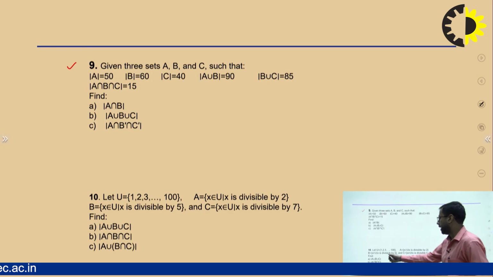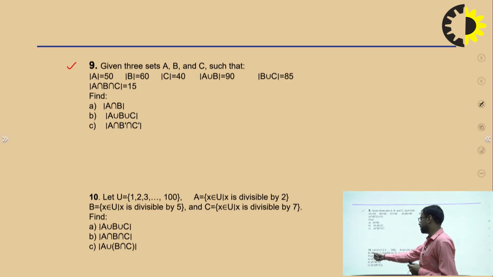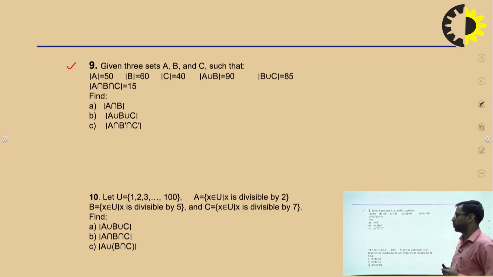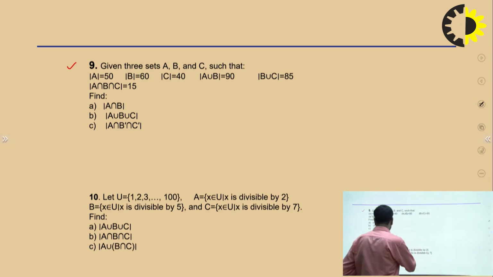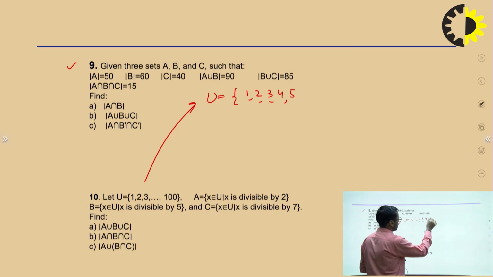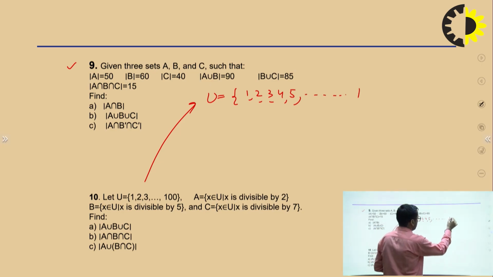The set B contains the elements divisible by 5, and C contains the elements divisible by 7. So you have to find the results of the operations mentioned here. Firstly, in this particular question, we will write down the set elements: 1, 2, 3, 4, 5 up to 100.